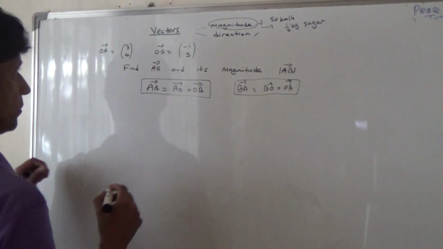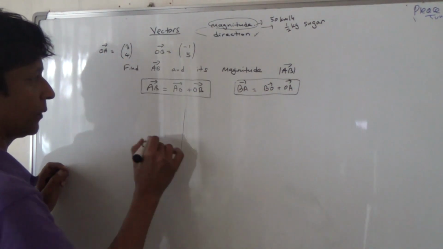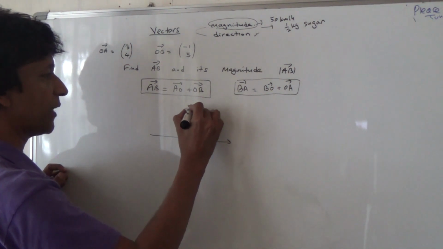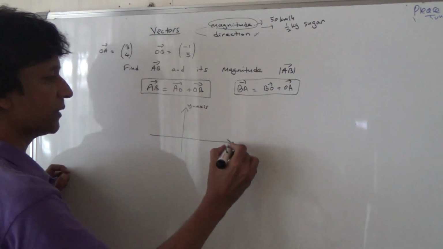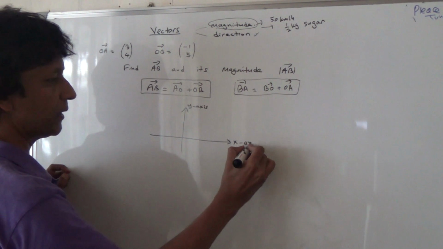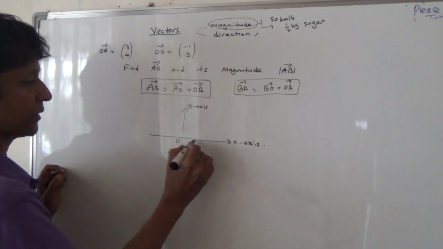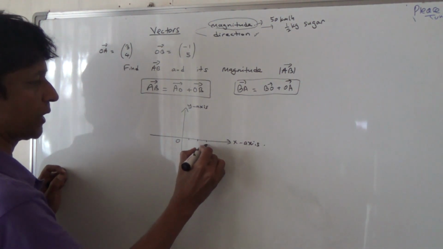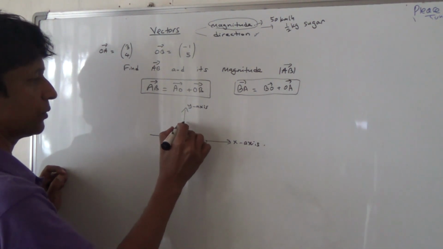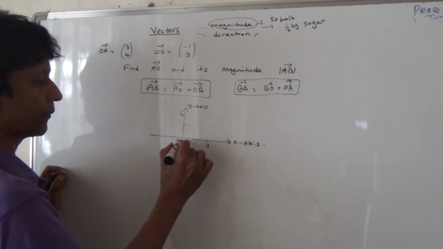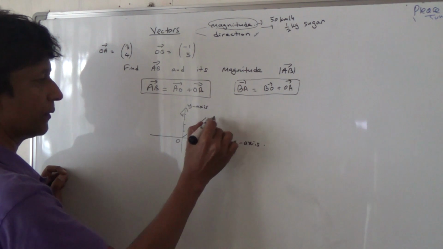Now, on a diagram, there's no need to draw this diagram, but it's going to straighten things up in your mind and make it clearer. Let's say this is your example of vectors: 1, 2, 3, and then 1, 2, 3, 4. So 4 is somewhere here, and you have your vector OA.